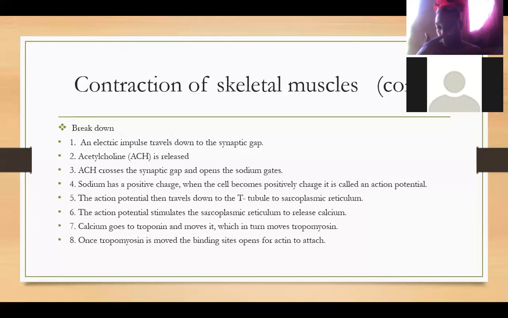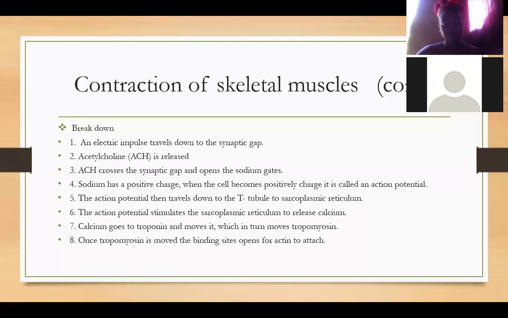Now, your sarcoplasmic reticulum is responsible for storing calcium. With me so far? Yeah. So this action potential travels down to the sarcoplasmic reticulum and stimulates it to release calcium, to open up the calcium stores.